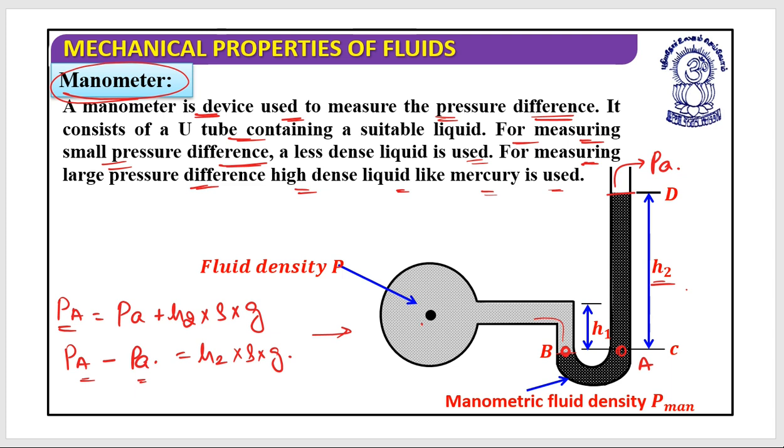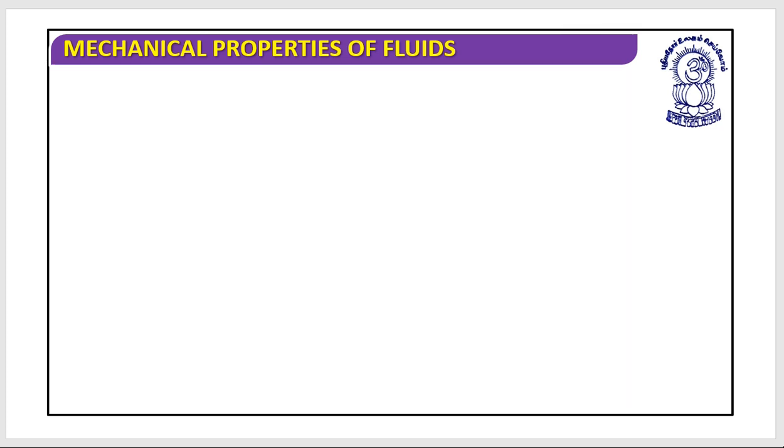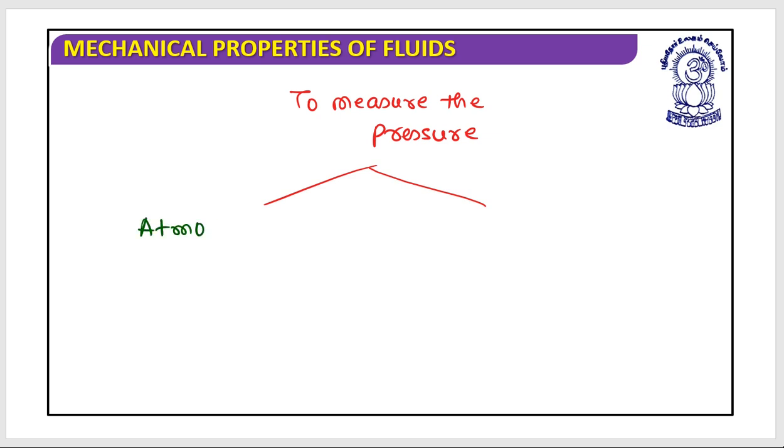So now we understood that we have two devices to measure pressure. Basically we have two different pressures too. One is the atmospheric pressure, and another is the gauge pressure.